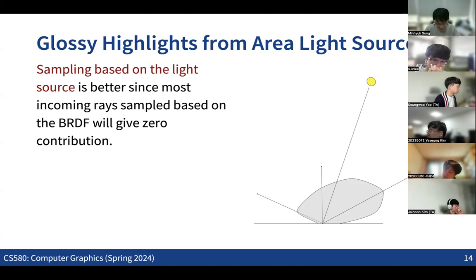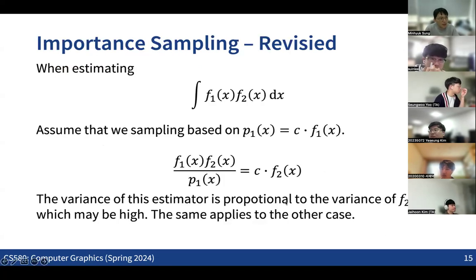It sounds like we need to make a decision or choose the strategy depending on how these scenes are arranged and how the surfaces have some material properties. So here the question might be: what is the best way to have a unified sampling strategy that can be applied to any kind of situation, right?